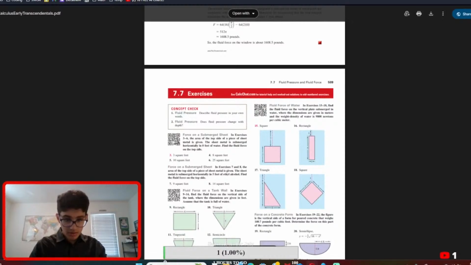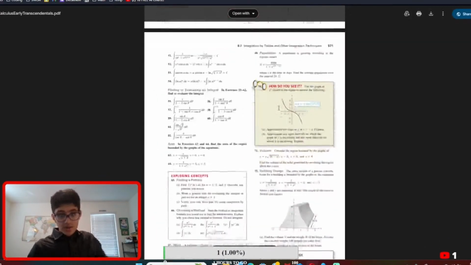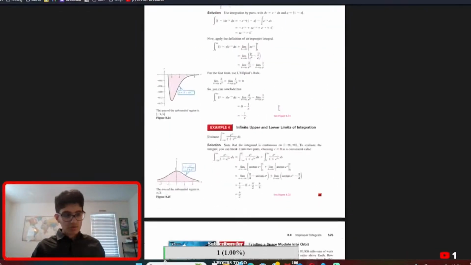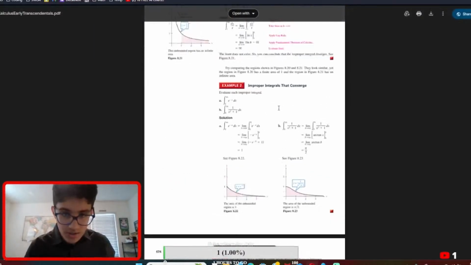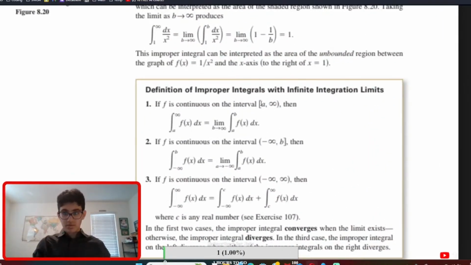Oh, no, never mind. Okay, so here it is, improper integrals. There's really nothing special over here. It's very easy. The only thing might be, what is an improper integral? I'll just check the definition once, definition of improper integrals.